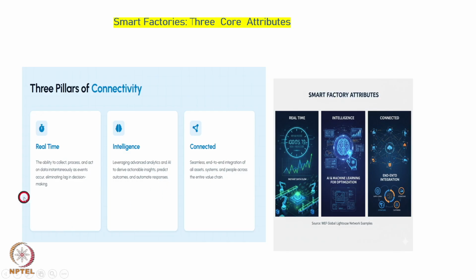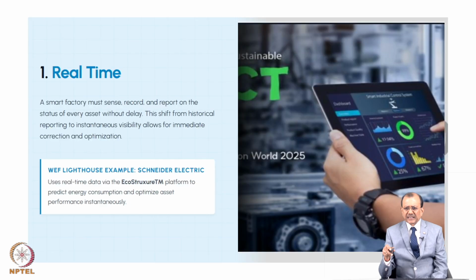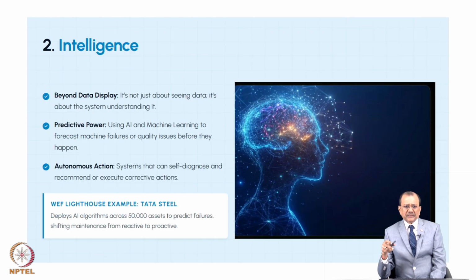Real-time connectivity we already discussed, intelligence we have discussed, connected we have discussed. And you can see on the right-hand side that this supervisor, or whoever this manager is, is seeing on a real-time basis the performance of his plant. With the help of this data and the algorithms this company is using, like Tata Steel deploys AI algorithms across 50,000 assets.